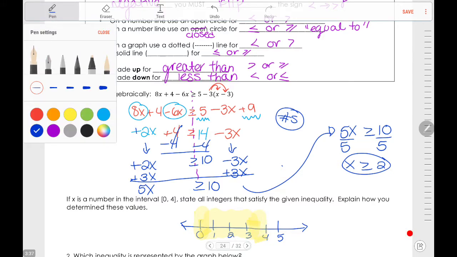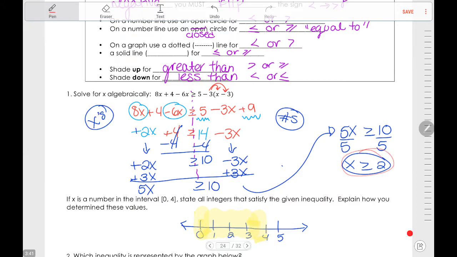When we were talking about our inequality, we were talking about when x is greater than or equal to 2. So I'm starting at 2, and I'm talking about anything bigger than it. I'm looking for where these two things overlap.